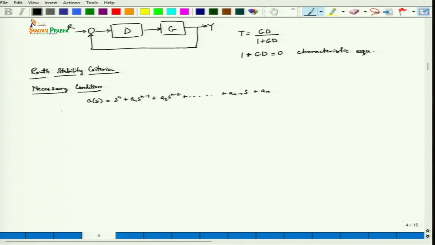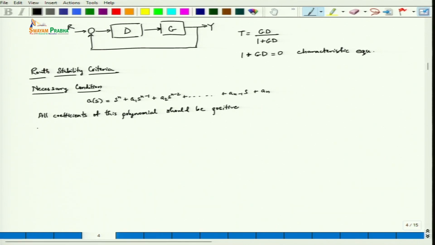Now the necessary condition is all coefficients of this polynomial should be positive. If all coefficients of this polynomial are positive, then this characteristic equation will give us a corresponding stable system.